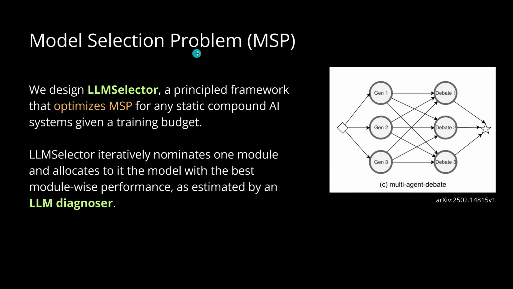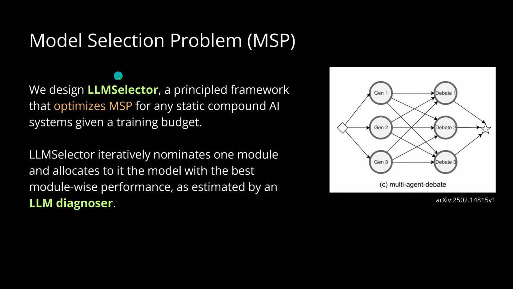Okay, third example, multi-agent debate. You know this. The agents here debate among themselves who has the best idea, who has, I don't know, the greatest solution. This is called the model selection problem. Careful, this is MSP, not MDP. So not the Markov decision process, but MSP.